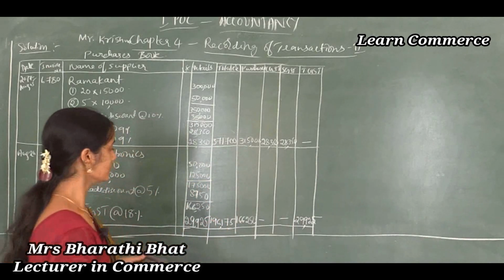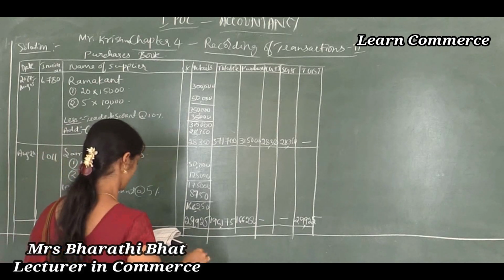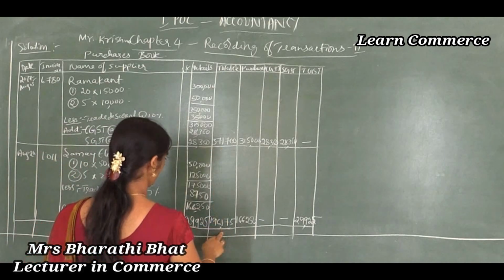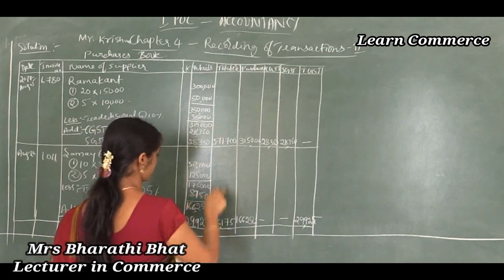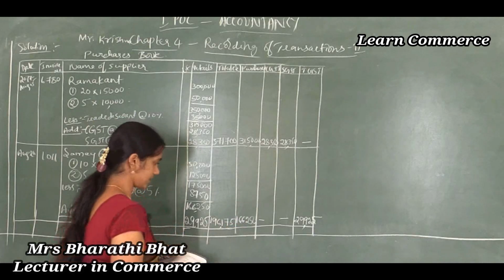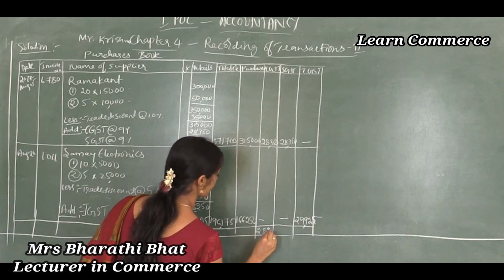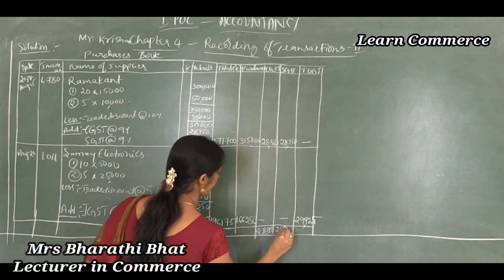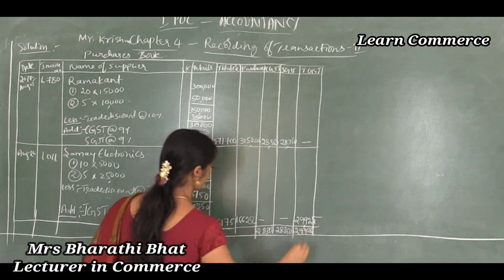29,925. Then the last step is totaling. Okay, so only the total value of purchase and the total column and total of this purchase column you have to calculate, means totaling. So here only 28,350 and here also 28,350, here 29,925.